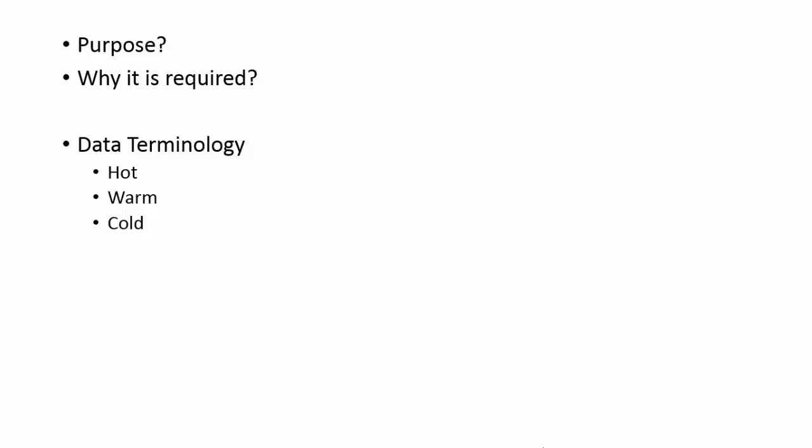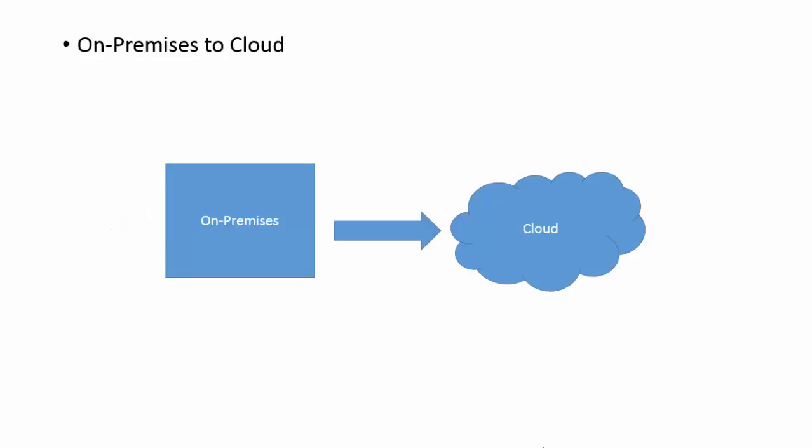In a Stretch database, we are going to move the cold data into the cloud. So our on-premises database will have the warm data as well as the hot data. We are just going to migrate our cold data into the cloud. It will maintain the same table, with no changes in your on-premises table, but in the cloud it will create a new database.